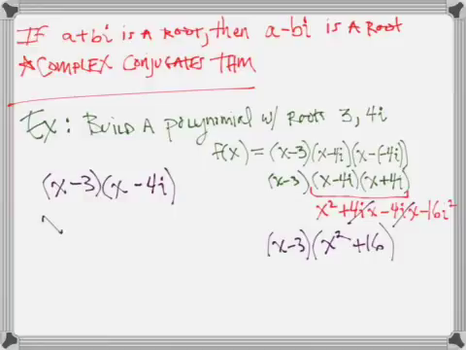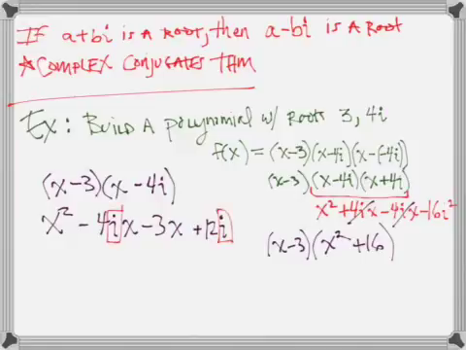Well, I would then get x squared minus 4ix minus 3x plus 12i. So this imaginary component, this piece and this piece, blows me out of the water in terms of my polynomial. I can't have it. And then I'm not using the fundamental theorem of algebra. I can't do what I want to do.